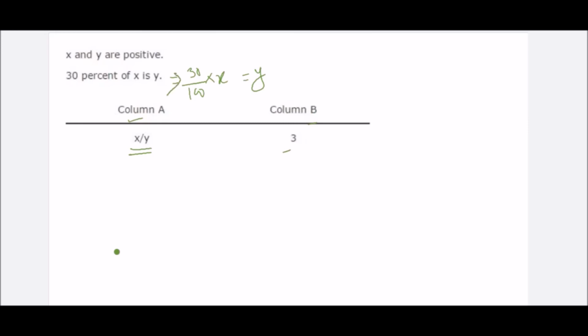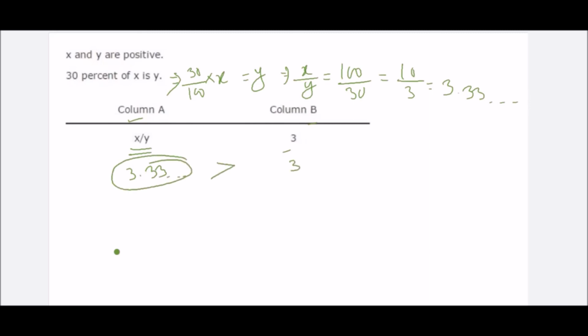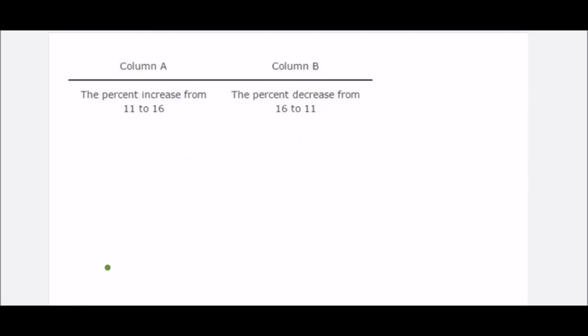So from this equation we can analyze that x divided by y is equal to 100 by 30, and it will become 10 by 3, and that is equal to 3.33. So column A is 3.33 and column B is 3. So our option A is greater. Answer will be A. Here is our next question.